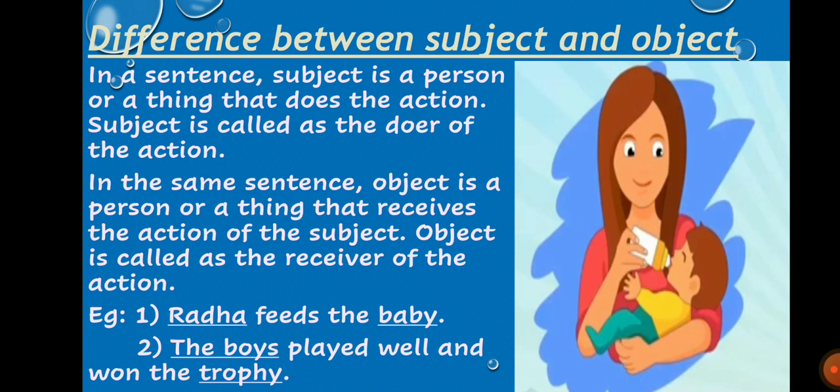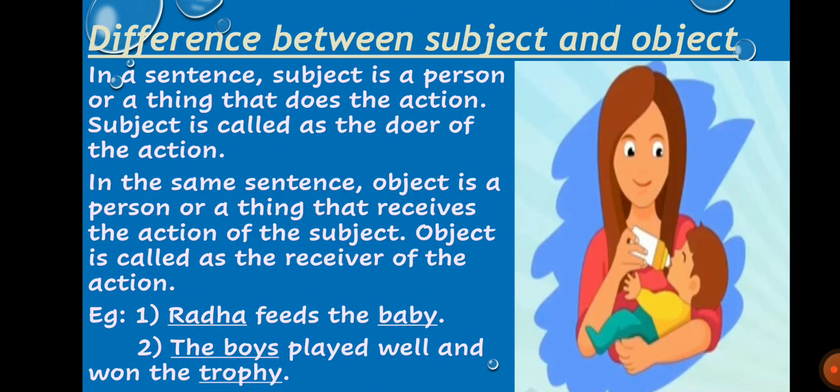So, boys is doing the action of playing, whereas object also answers the question what or whom. So here we can see that in this sentence, trophy is the object over here. It gives the answer to the question what the boys won. Yes, trophy.